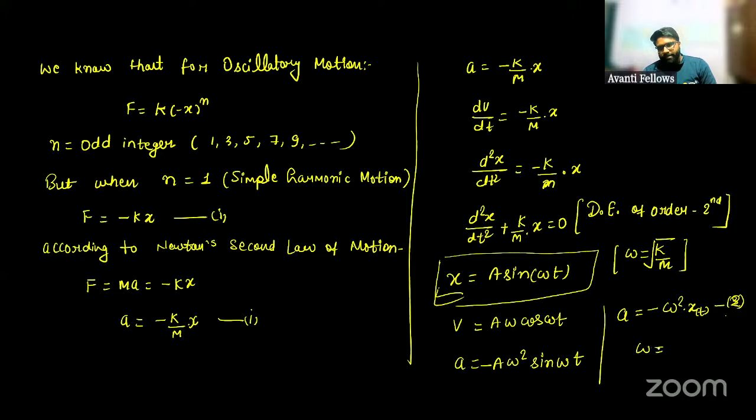So from here omega square is coming out as k by m. Omega is square root of k by m. Got it? So that's how this equation arises. Okay na? Clear?